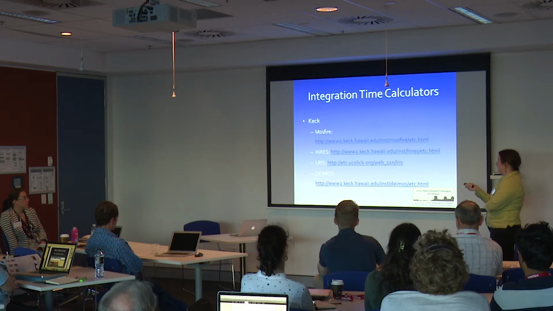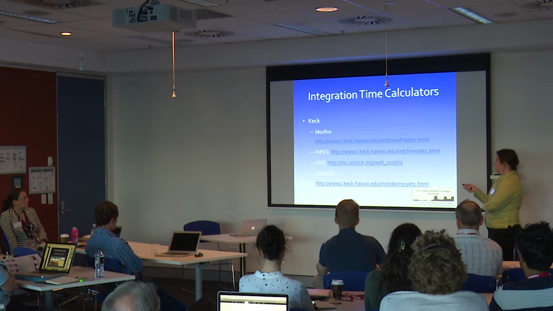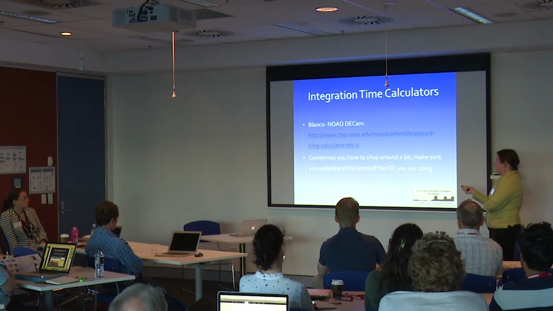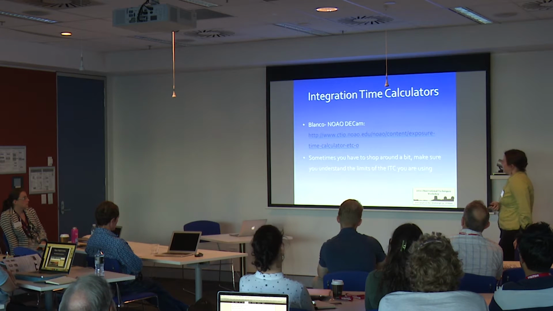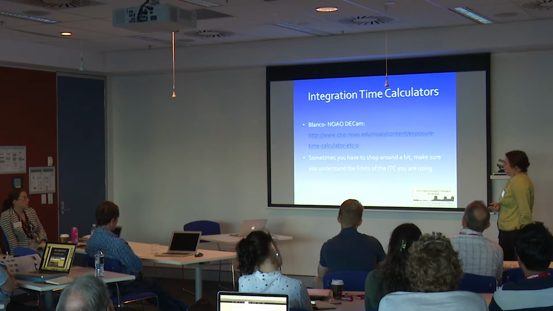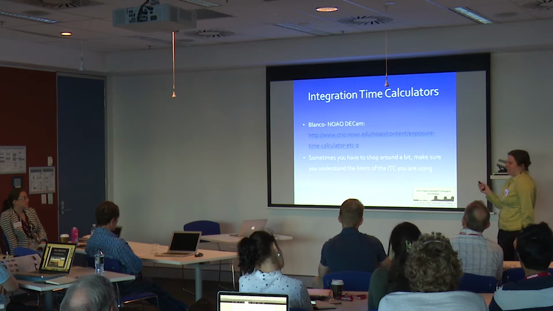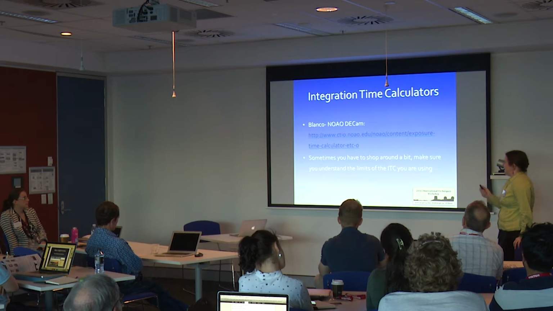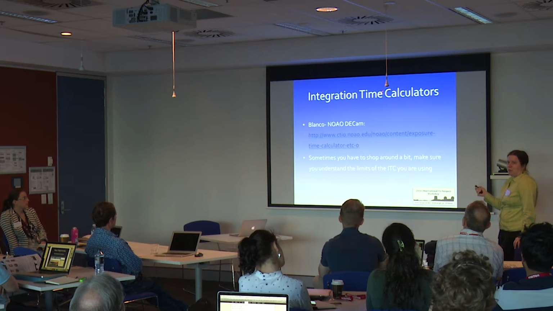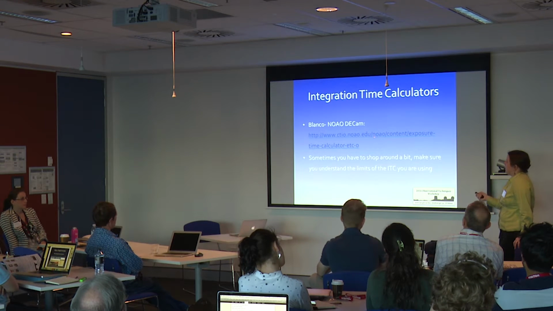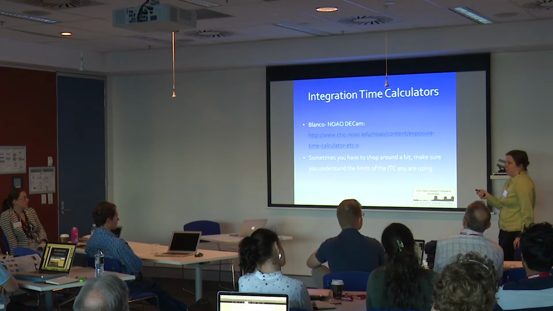But they all have integration time calculators associated with them, and it's worth looking at them. For Blanco, DECam, maybe this was the one that was the spreadsheet. I was looking them up earlier, and yes, this one actually is a spreadsheet, and you can back out an integration time calculation from it.